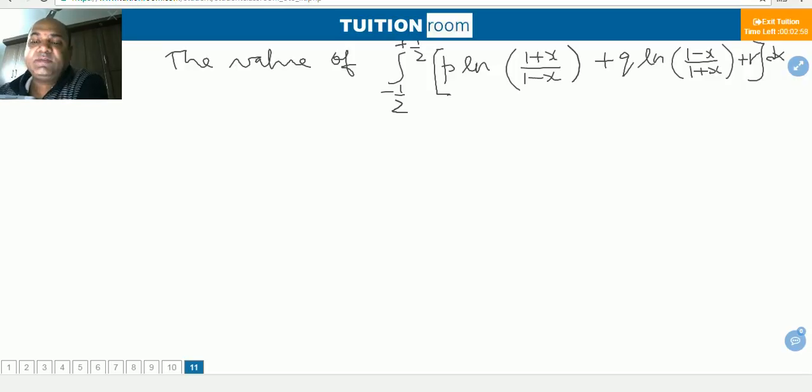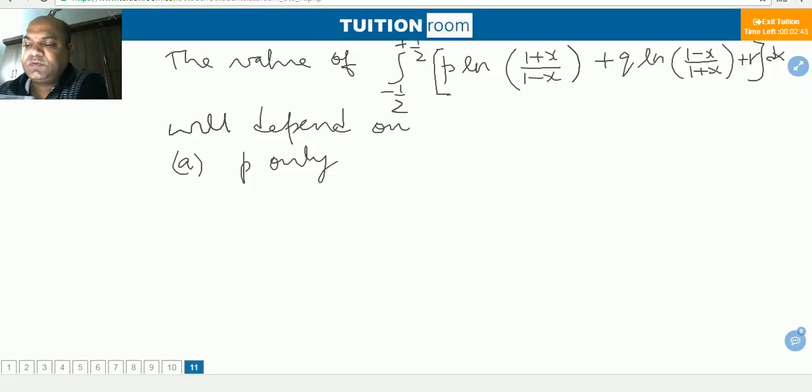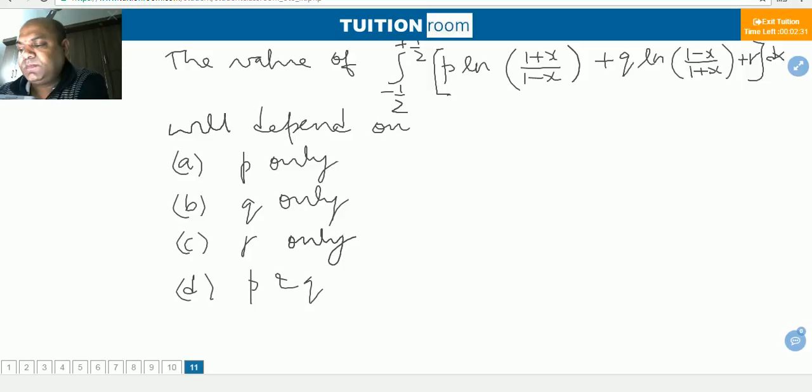Add these two expressions: f(x) plus f(-x) equals ln (1 plus x)/(1 minus x) plus ln (1 minus x)/(1 plus x). Now applying the laws of logarithm, (1 plus x)/(1 minus x) into (1 minus x)/(1 plus x) gets cancelled, we get ln 1, and log 1 is 0.